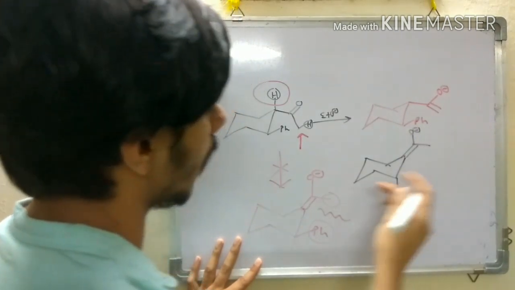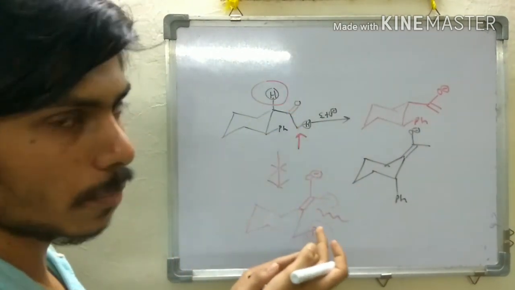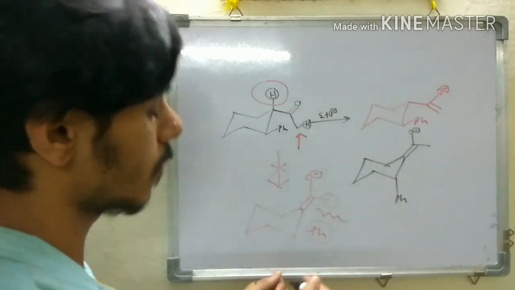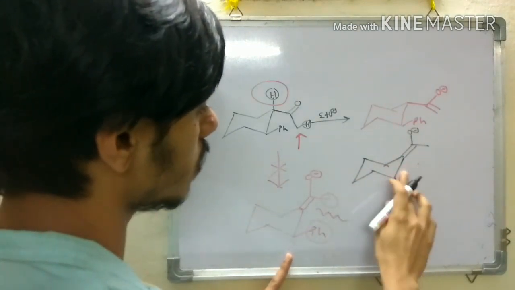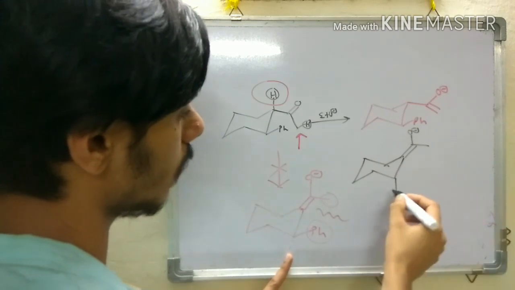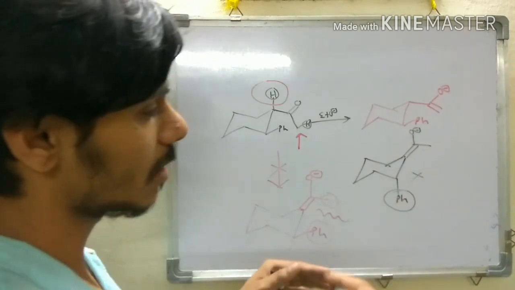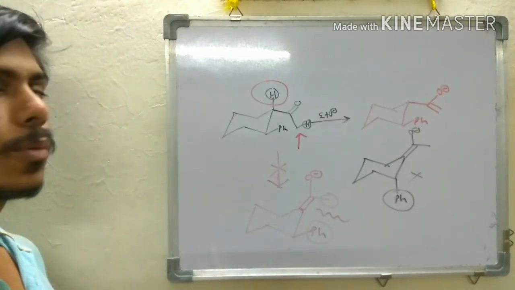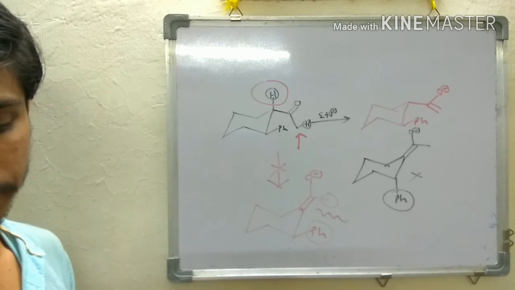Or after consumption of all bromine, then this type of thing can occur, because this is not favorable. Although this is allylic 1,3 strain free, you are placing this phenyl axial, so this is also not that much favorable. But you have to explain the product, so in this way it can be explained.